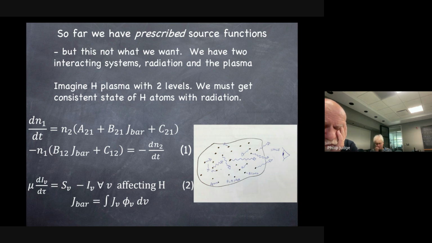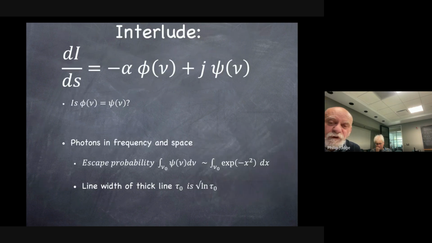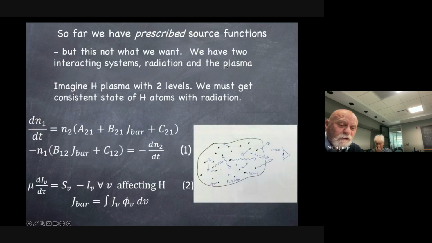So what we have, and this equation for I is actually integro-differential, because we have to solve for S. If we have phi and j equal here, it turns out that S nu is just a function of the number densities. It doesn't depend on frequency. So we can actually imagine putting a little bracket around that S on the transfer equation. Two separate equations, we've got to solve something, and that's actually some functional of n.